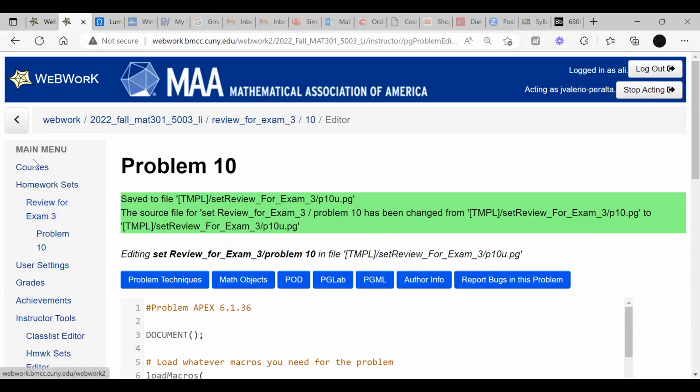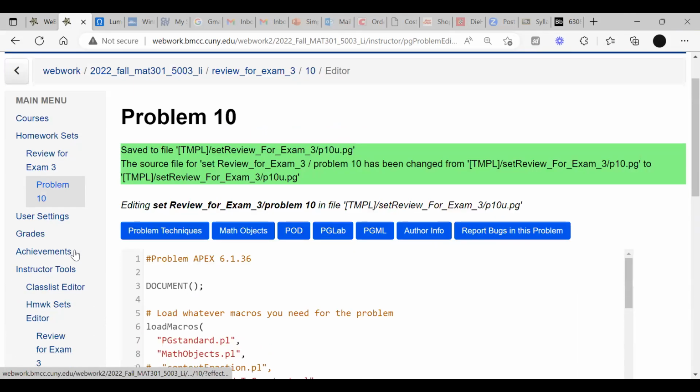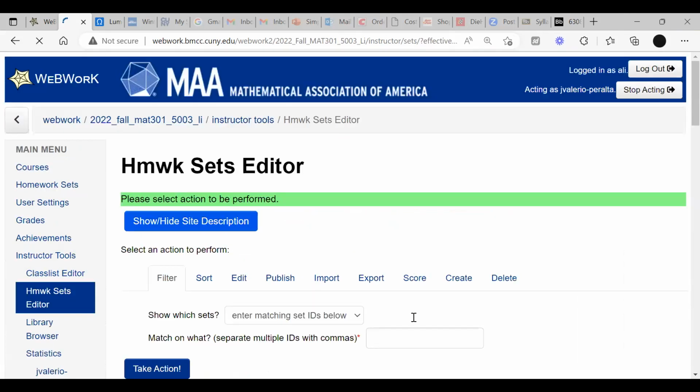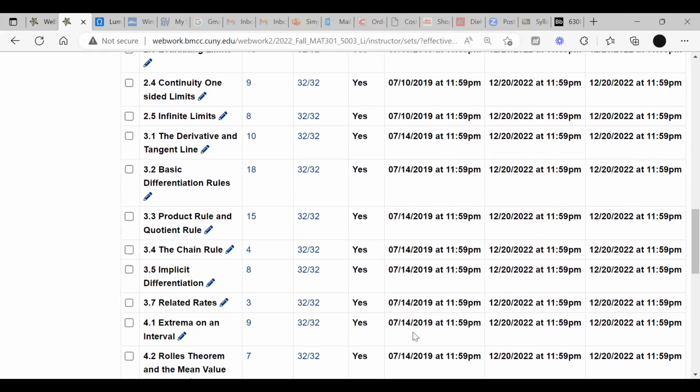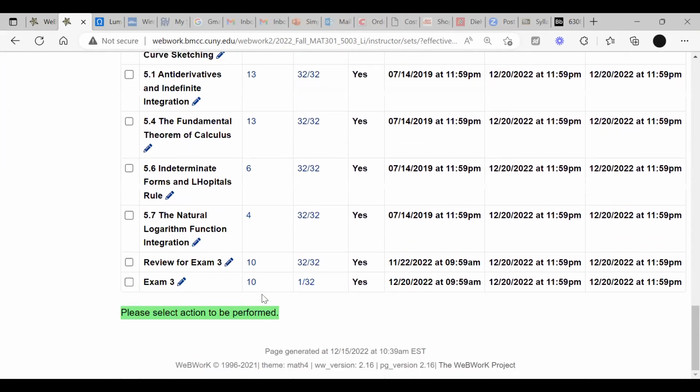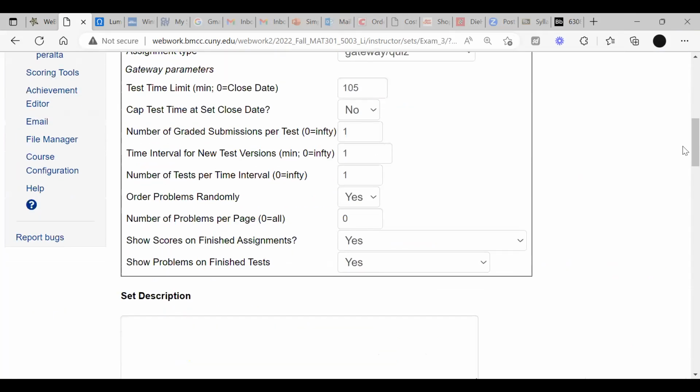Now let's look at this question together. Also let's change it in the actual files. So we change it here.